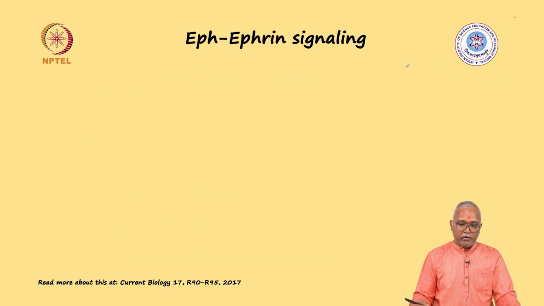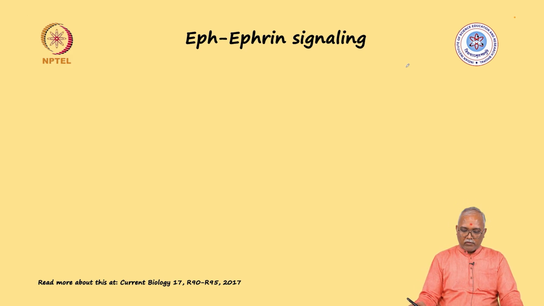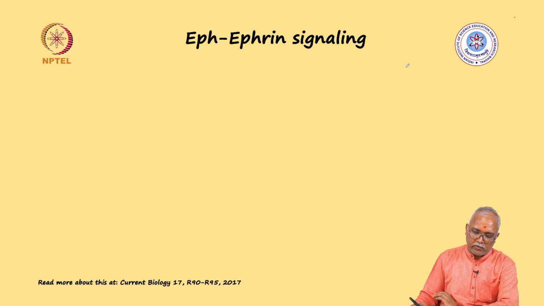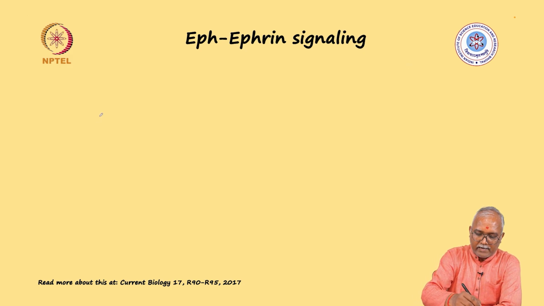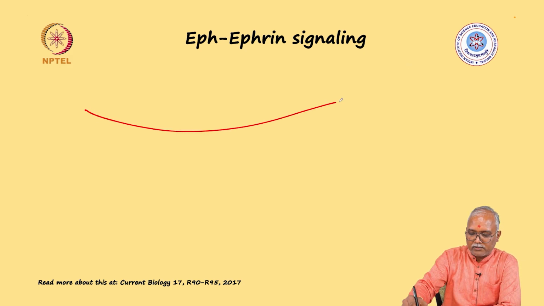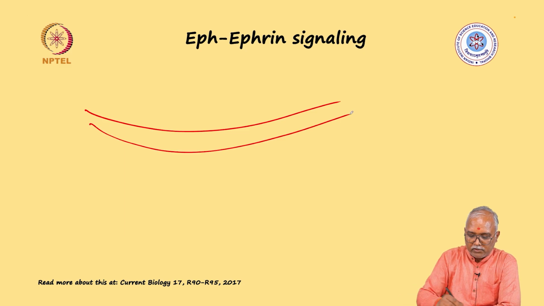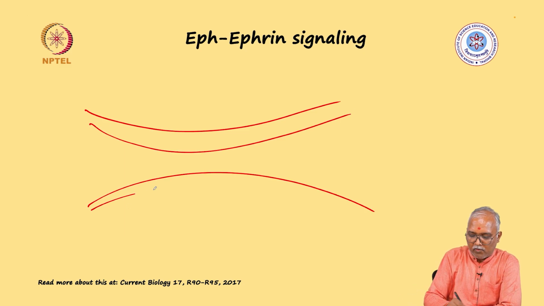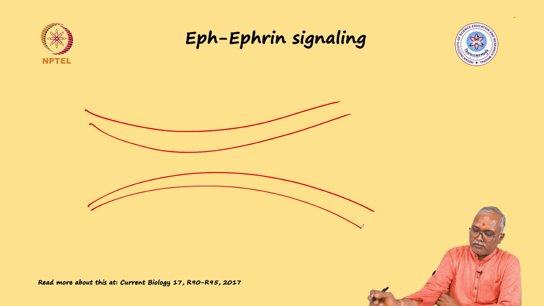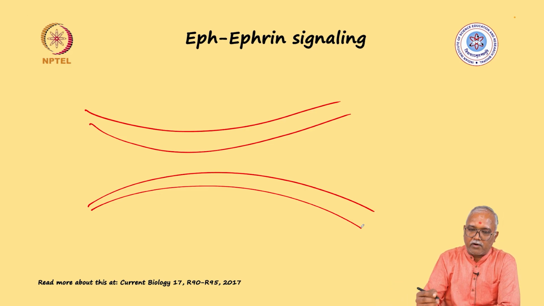Now if we look at EPH-Ephrin signaling and think about what all goes on over there, let's take three scenarios. We have been seeing how the receptor tyrosine kinase signaling is important for survival, growth, proliferation, and migration and so on.